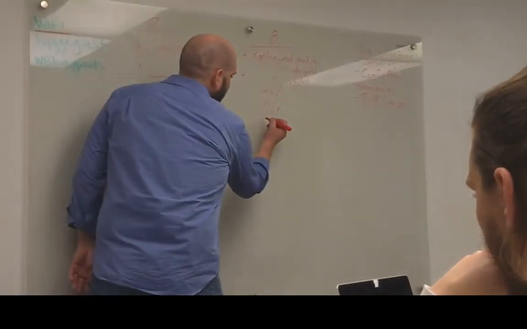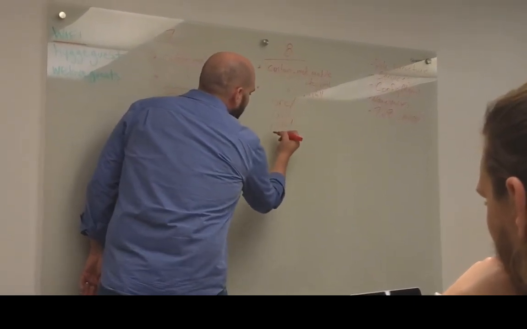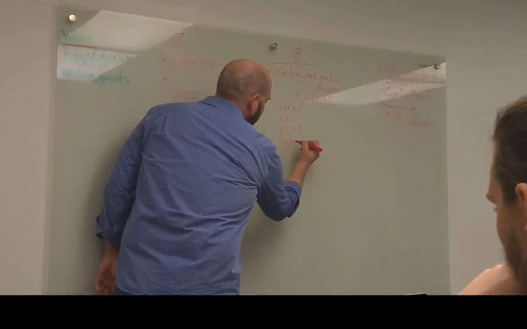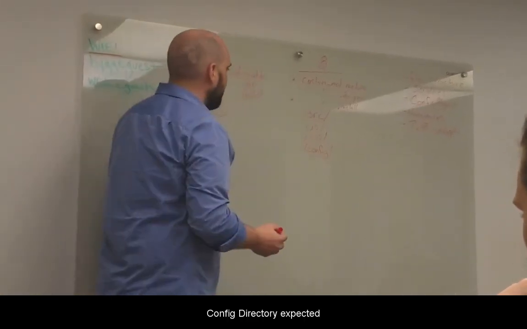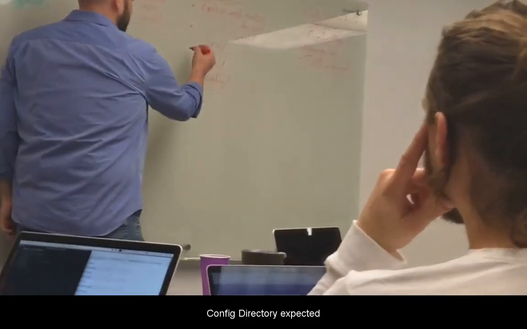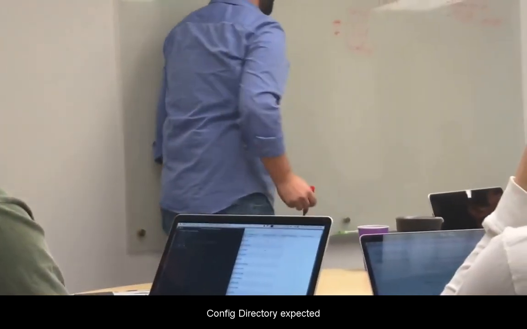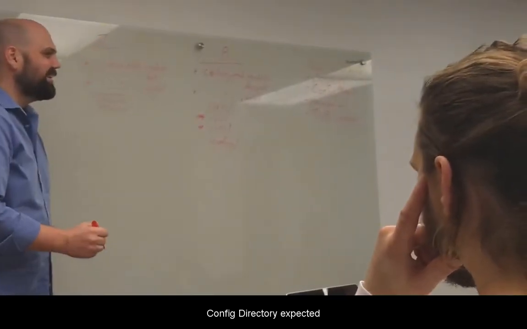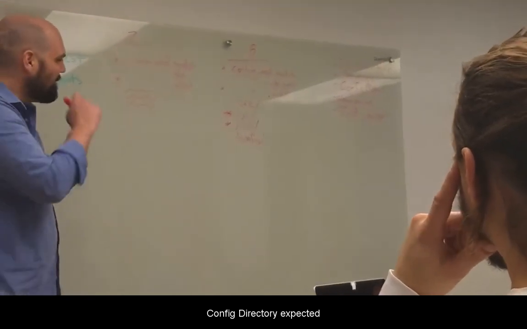We're still at this top level inside the module right here. So that's where you'll use the config directory. This one is actually expected, which is the opposite of required. It's the exact opposite of required in this example.